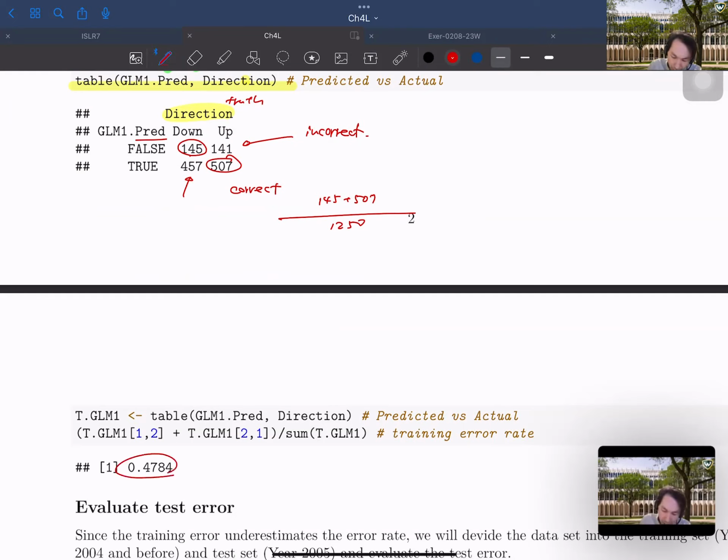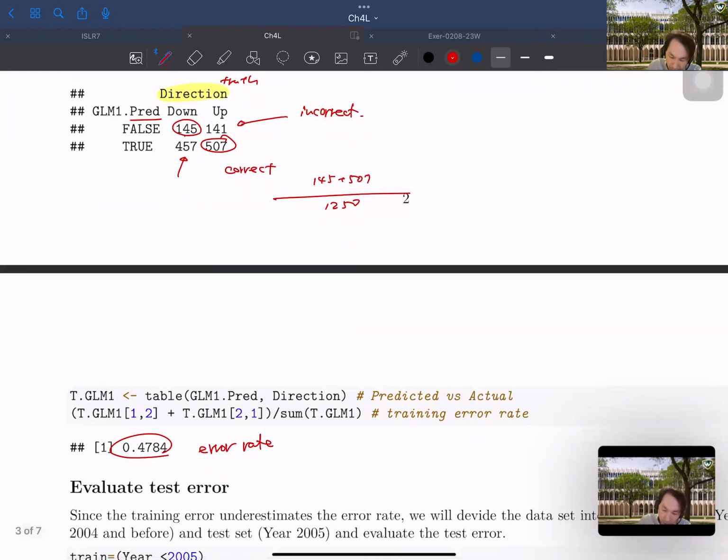And actually, this is the error rate. So we calculate 141 plus 457 over 1,250. So the correct percentage, the accuracy, is equal to 1 minus this number, 0.5216.